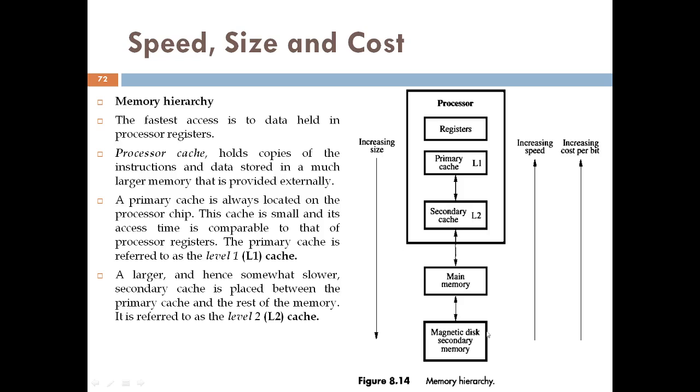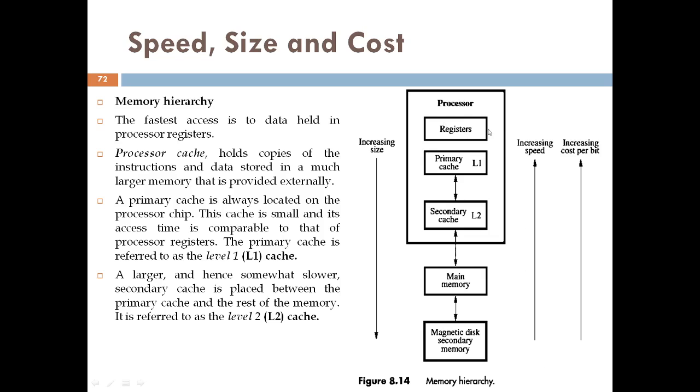Here the very important point is that as the memory hierarchy goes from top to bottom, the size of the memory storage increases. So the storage size increases as we move from top to bottom, and the speed increases when we go from bottom to top in the memory hierarchy.